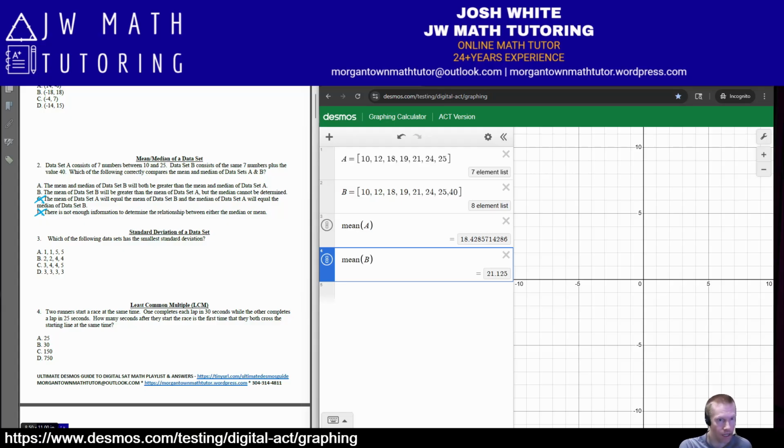We keep A and B for right now. In A, the mean of B is greater than the mean of A. Yep, that's what we found. And in B, the mean of B is greater than the mean of A. Okay, the question is now, what happens to the medians?